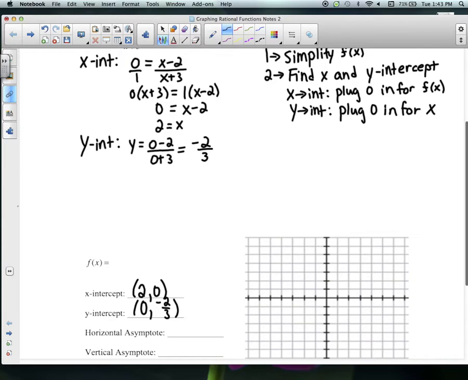Now here's where it gets a little bit trickier. We're going to use synthetic division, which we haven't done in a while. And we're going to do that to rewrite it in the format which is up above.